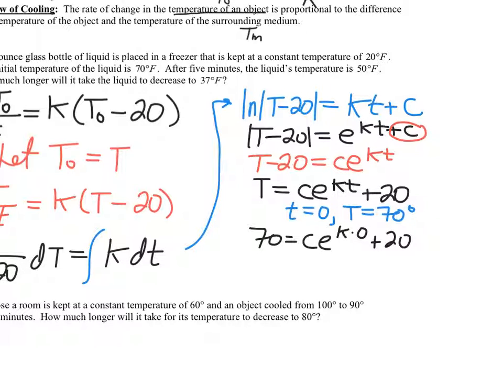Zero power is going to make your expression equal to 1. So 1 times C is C. So we're looking at 70 equals C plus 20. So I now know that the C value is equal to 50.